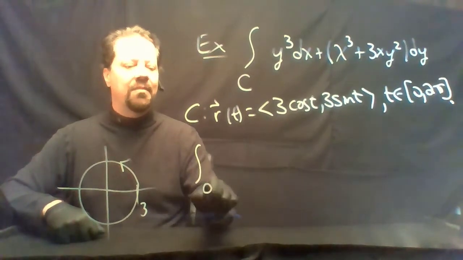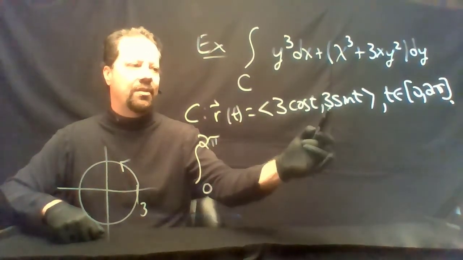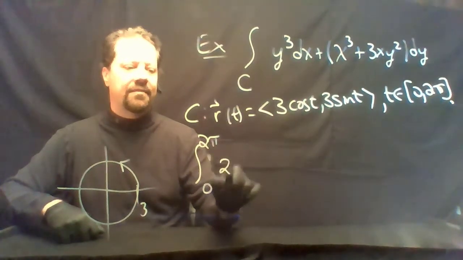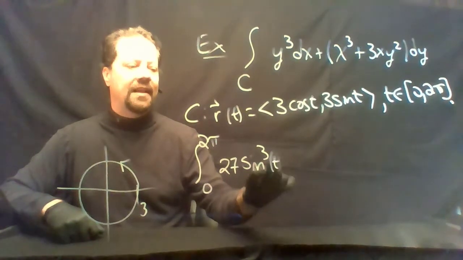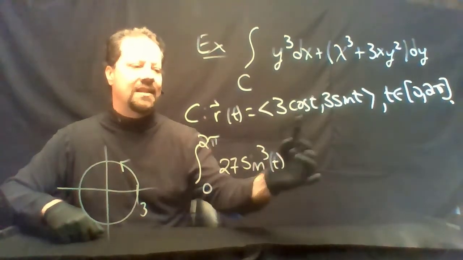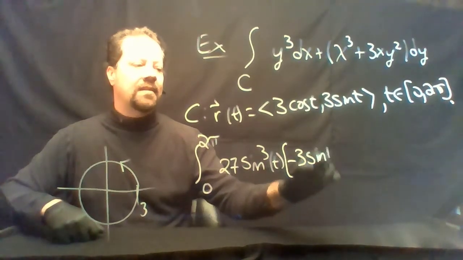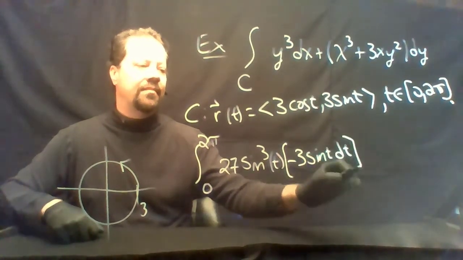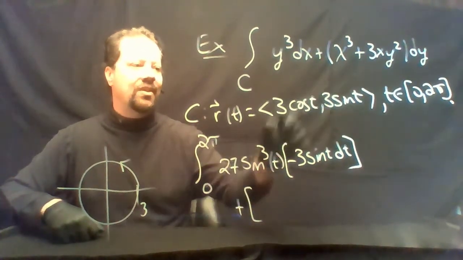The integral becomes the integral from 0 to 2 pi, y cubed. 3 cubed is 27. We'll have sine cubed of t times dx. dx will be minus 3 sine t dt. And then we'll have plus the quantity x cubed.